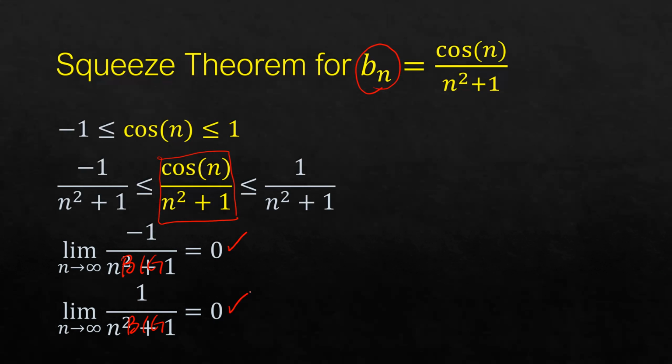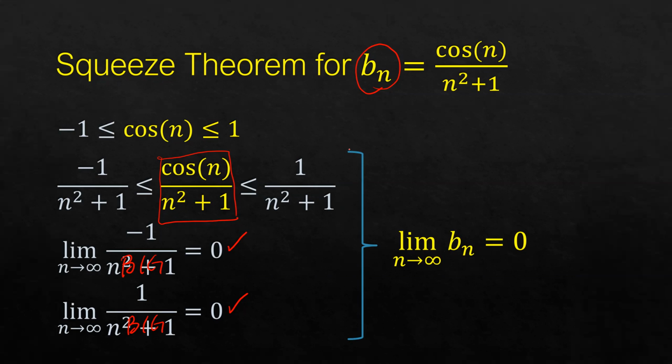And we would call that 0 as well. So these two converge to the same number 0. And our sequence Bn is always hanging out in between those two. So we would say that our sequence Bn will have to converge to 0 as well. And that is how the squeeze theorem works for sequences.